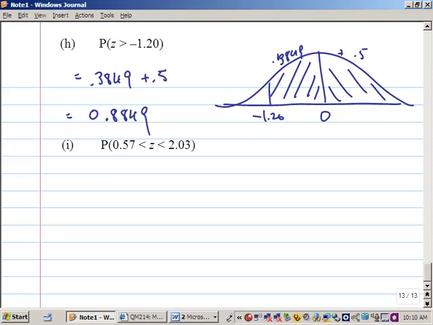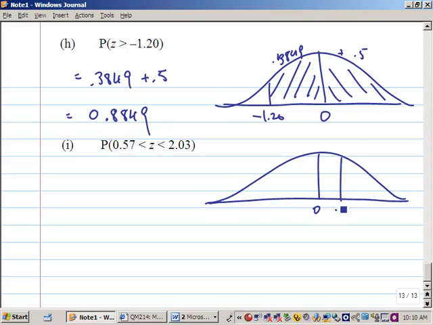Part I, probability of getting Z from positive 0.57 to 2.03. Alright, draw the diagram. 0.57 is here, say, and 2.03 here. So the area we're looking for is part of that upper half of the distribution, so the area has got to be less than a half.